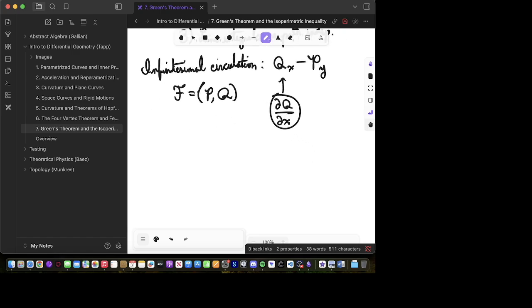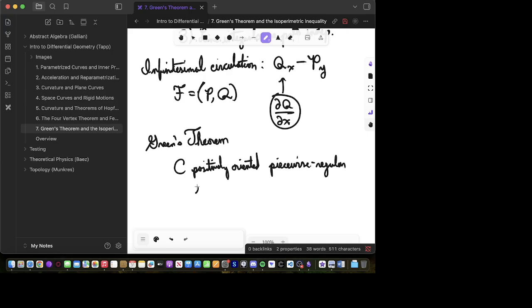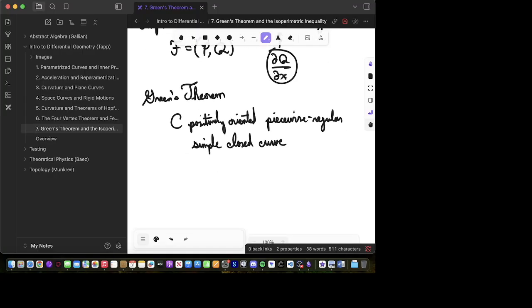So now let's look at one very important theorem in multivariable calculus, and it is called Green's theorem. So, if C is a positively oriented and piecewise regular, simple, closed curve, and that's a lot of descriptions, and it's in the plane.